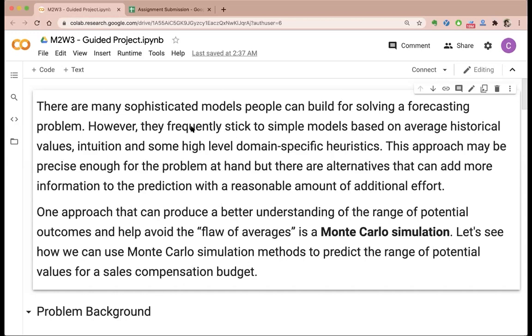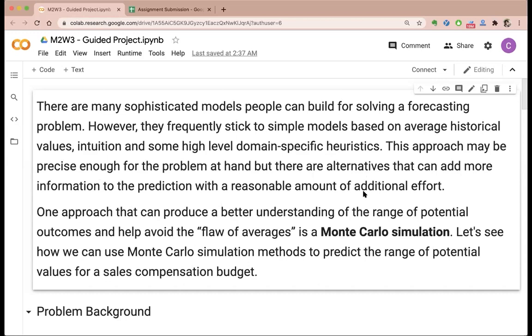Okay, so there are these simple models. This approach may be precise enough for the problem at hand, but there are alternatives that can add more information to the prediction with a reasonable amount of additional effort. We will be talking about one such alternative today.